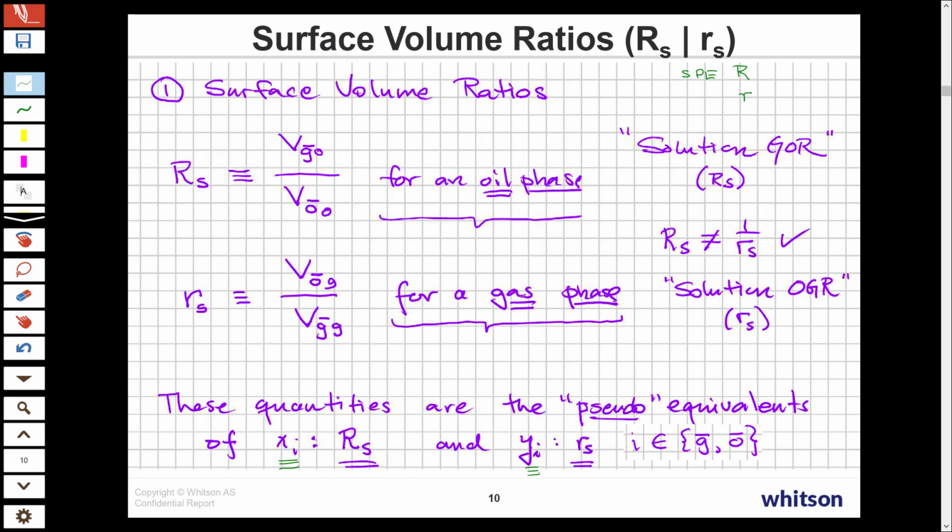Now, we may use i as being the two pseudo components, or in fact, you might even consider i as being the actual true components, nitrogen, CO2, methane, and so forth. So this translation from the solution volume ratios to composition is something we'll come back to.